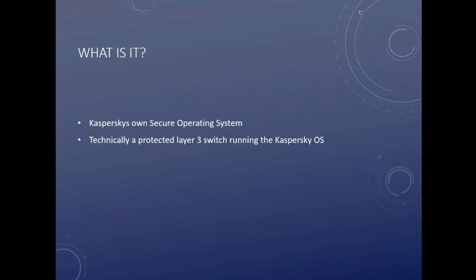Layer 2 switches have to take the frames that come into the switch, pass them to a router for a forwarding decision, and then the frame comes back to the switch again, in which case the switch will forward it. Well, layer 3 switches can do that themselves. They do not need the router.